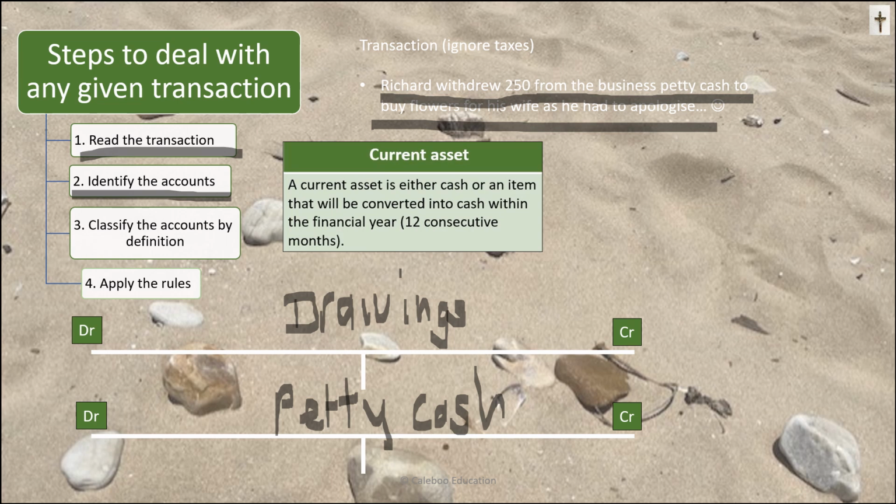Now, by definition, I'll just run through this again. Petty cash is a current asset because it is cash.